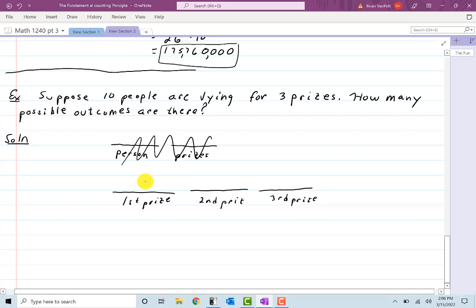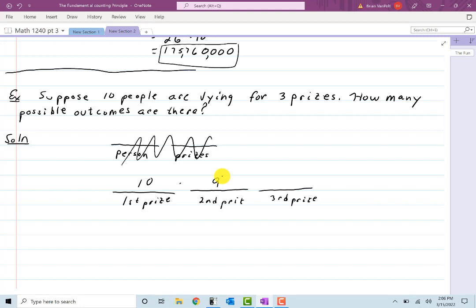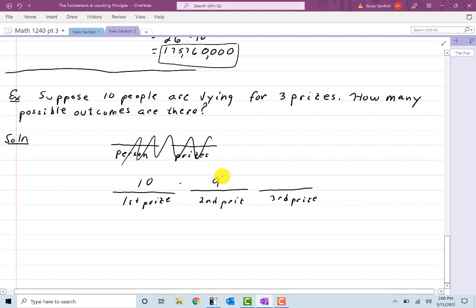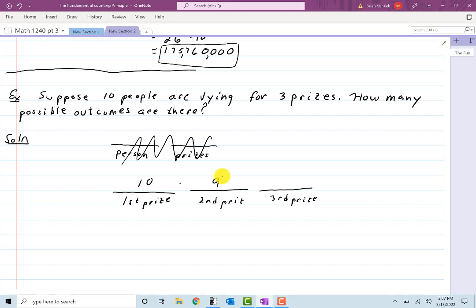So any of the 10 people can win the first prize. But now that somebody has won, there's only 9 people left to give the second prize to. You see, the first person being chosen narrows the field to only 9 people. So that did affect the outcomes of what was left over. So this is a case of dependent events.